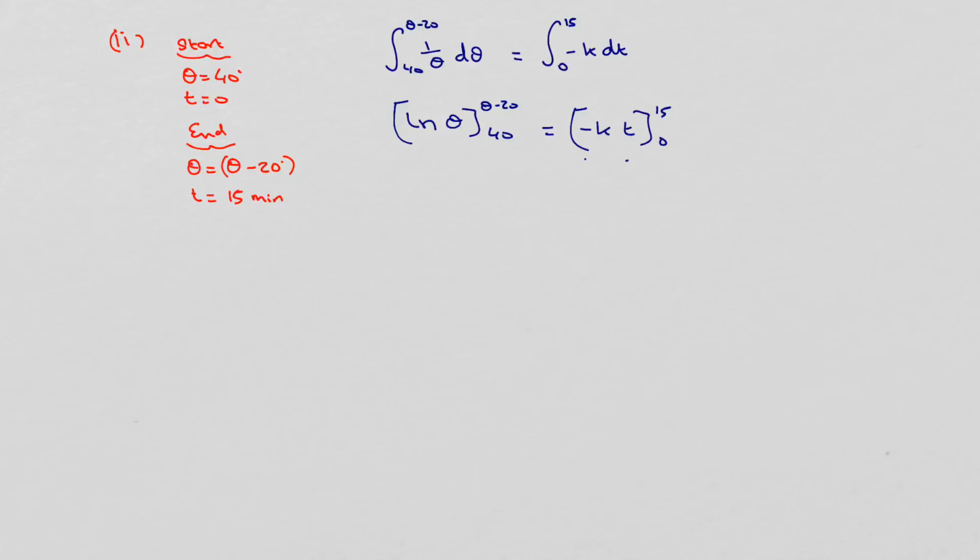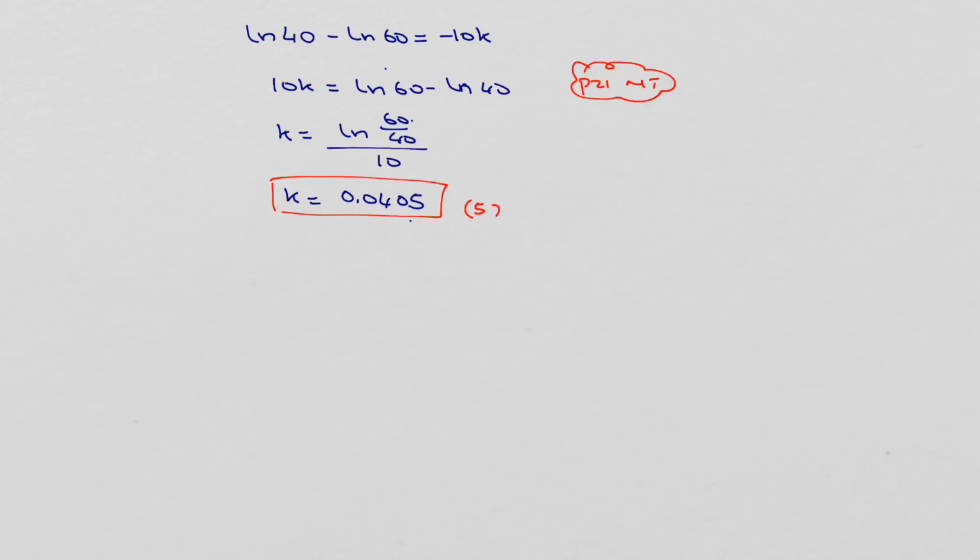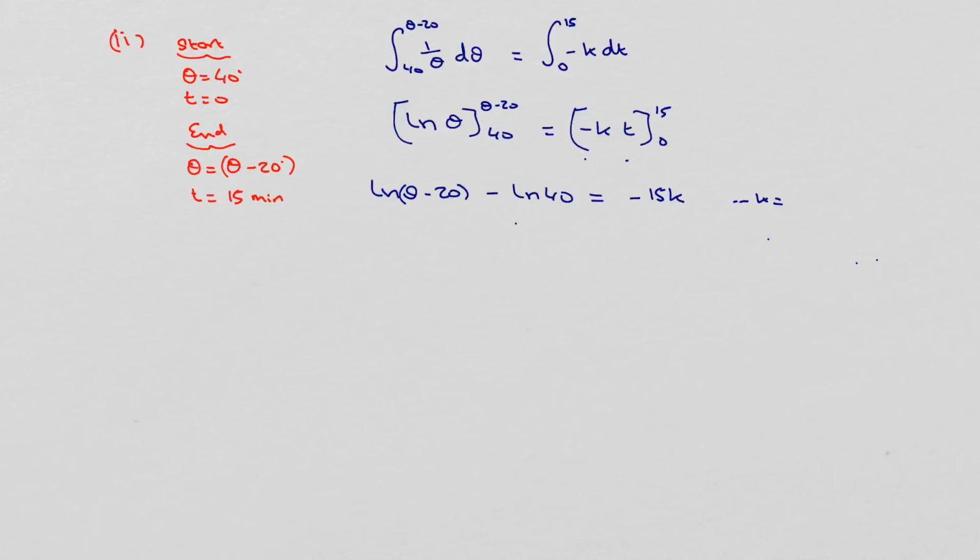Okay, and now if I sub in my values, and I sub in my value for k, I'm going to have natural log of theta minus 20 minus natural log of 40 is equal to minus 15k, but we have to say k is equal to 0.0405. And again, subtracting my logs, which means I'm going to apply the same rule where I divide.